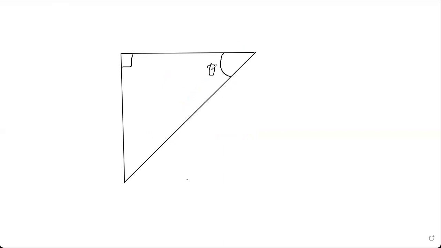If this triangle is given, you can see opposite to the 90-degree angle, we have the hypotenuse. The side which is opposite to the angle, that is called opposite. And the side which is connected with the angle, that is called adjacent. See, that is adjacent.